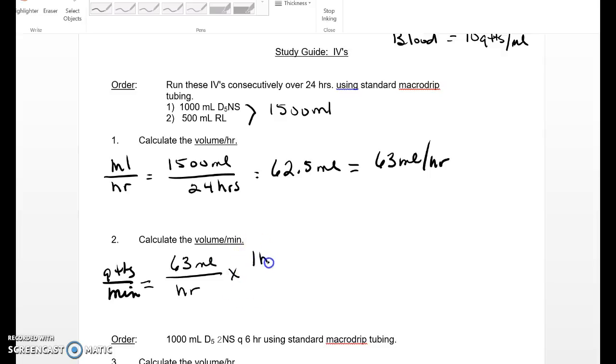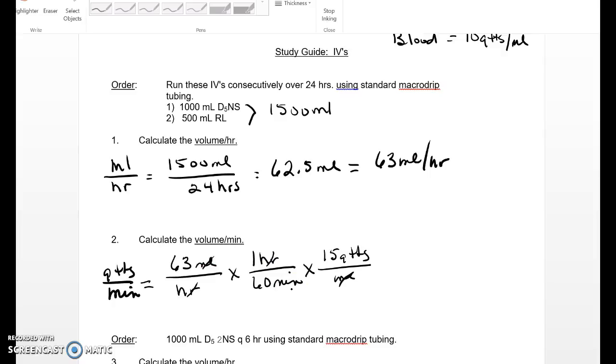So 1 hour is 60 minutes. And you're going to put the minutes and hours wherever you need to have them. And our drop factor is 15 drops per ml. So that's how we've set it up. So let's get rid of our hour, leaves us with drops per minute.